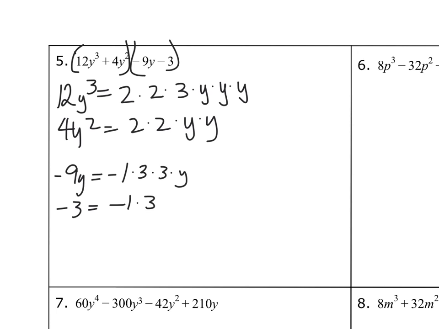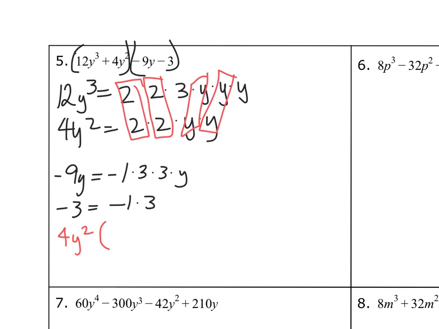All right. So what do the first two terms have in common? 2, 2, and then 2. You see it now? And 2y. So 2 times 2 times y is 4y squared, because 2 times 2 is 4. Very good. All right, this was the tricky part. What's left?